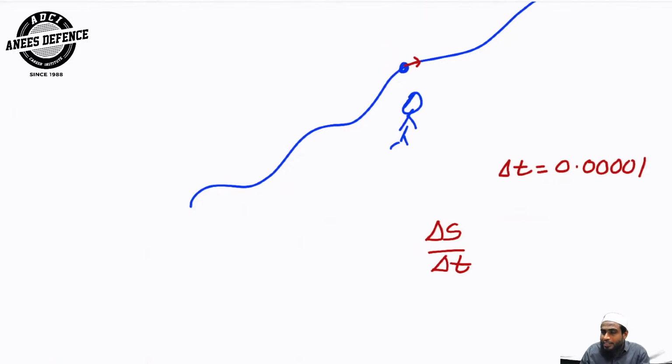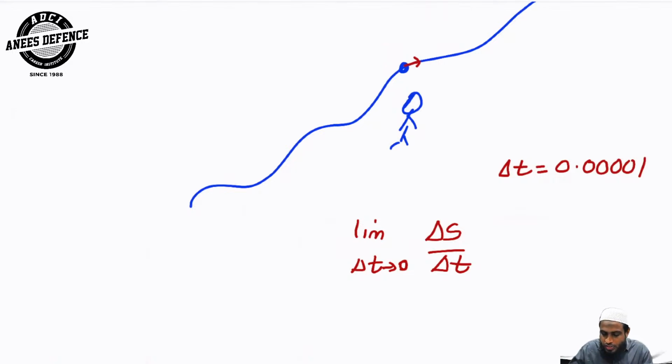That means I can consider a limiting case. What is the limit? Limit delta T tending to 0. My delta T is not 1 hour or 2 hours. My delta T is 0.000001, but not 0, almost approaching 0.